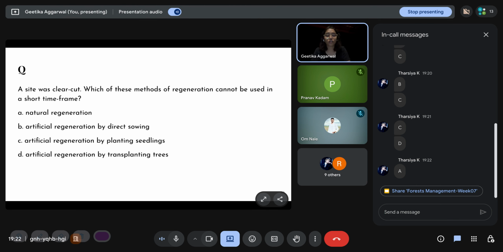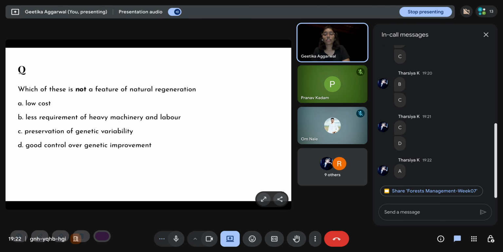Yes, natural regeneration cannot be used. Natural regeneration itself is a very long time consuming process, and anyway, after a site is clear cut, you cannot use natural regeneration.